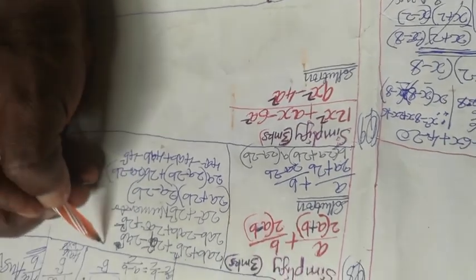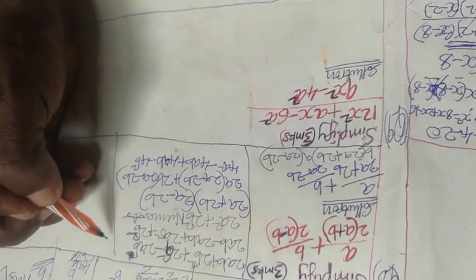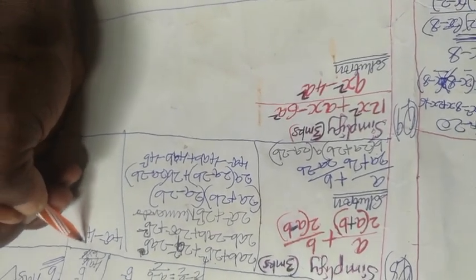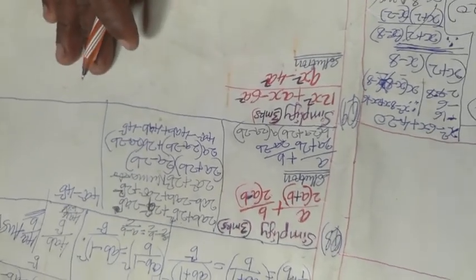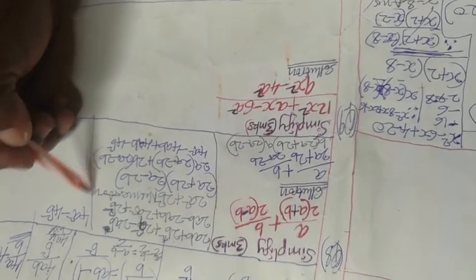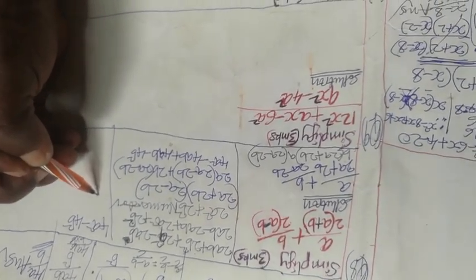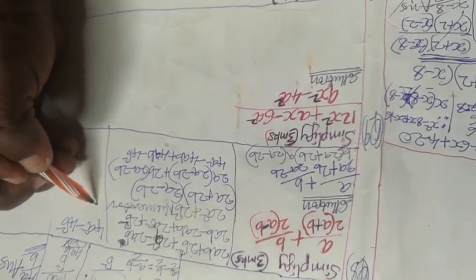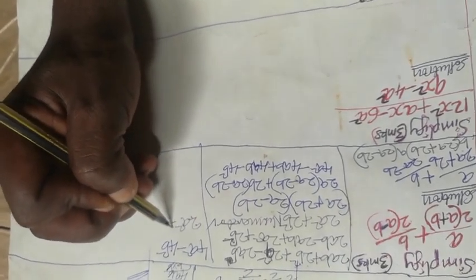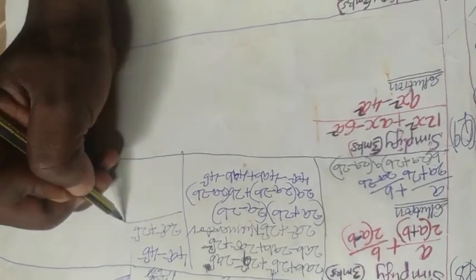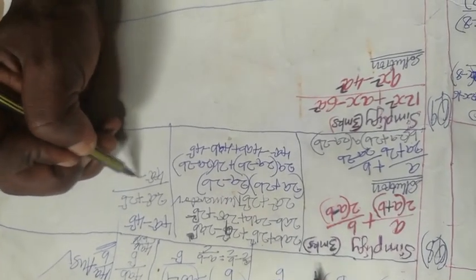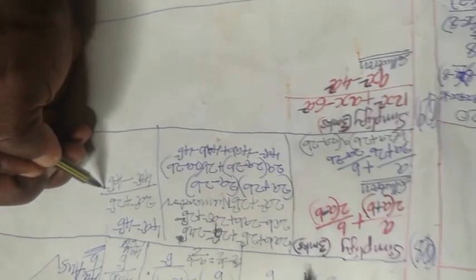This will further give us 4a squared minus 4b squared. Remember, this is our denominator and our numerator is 2a squared plus 2b squared. Therefore, we say 2a squared plus 2b squared all over 4a squared minus 4b squared.